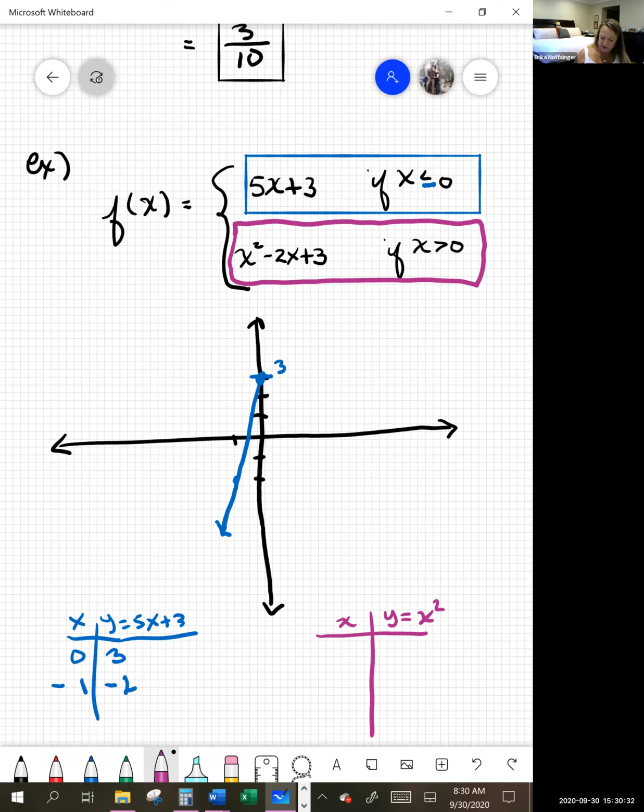Even though it's not included, when x is 0, it's the end value of the inequality, so we need to plug that value in and see what we get back. 0 squared minus 2 times 0 plus 3, so this is 3. Normally I would put an open circle there, but I noticed that this is also the value that was a point from the equation above.